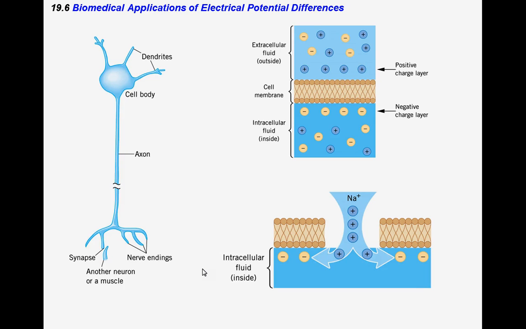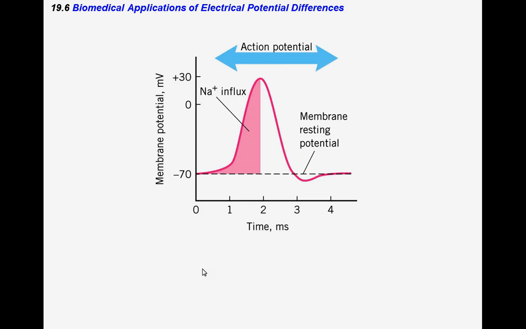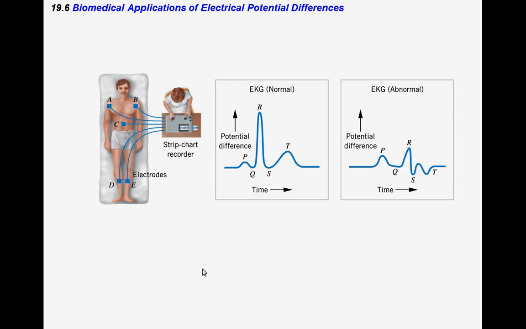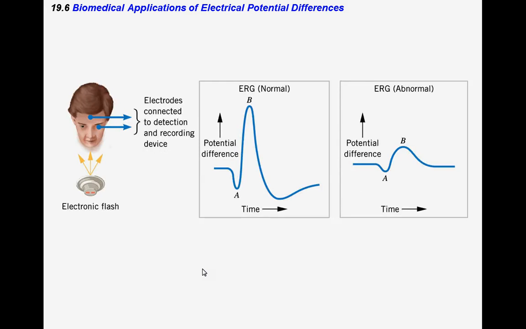We have all sorts of biomedical applications of electric potential differences. Cell walls will have sodium channels and potassium channels based on getting these particles across the positive layer into the negative layer. So there's all sorts of applications of electric potential, many of which I don't understand.